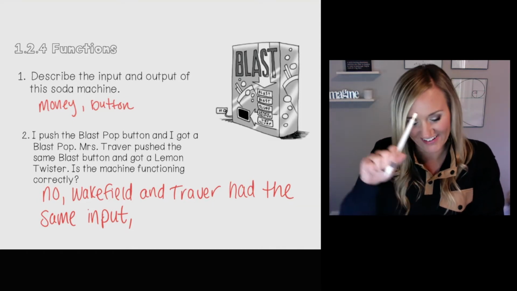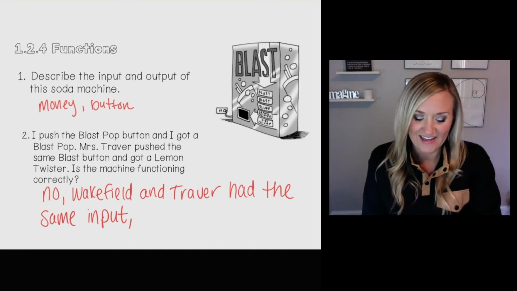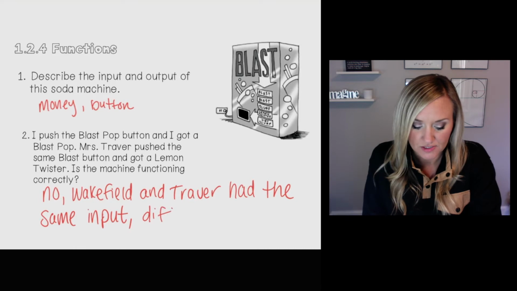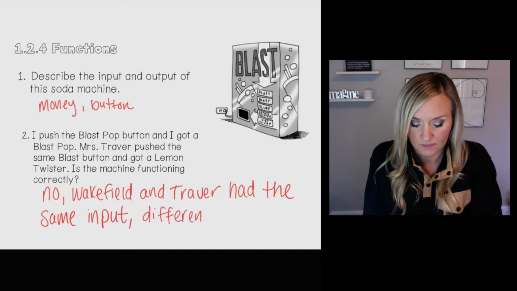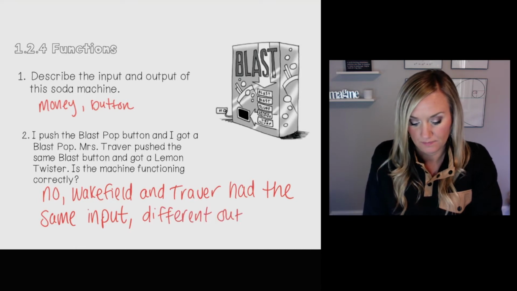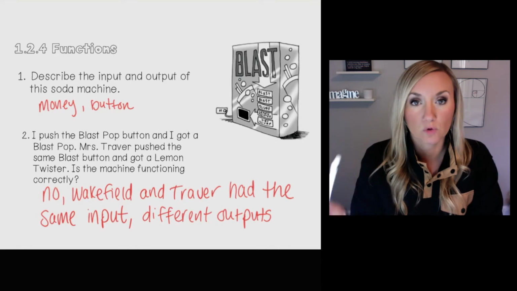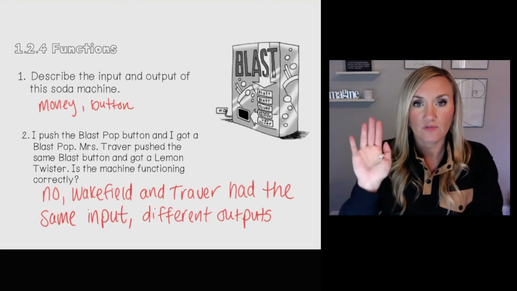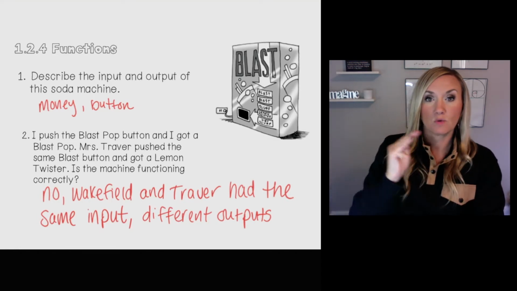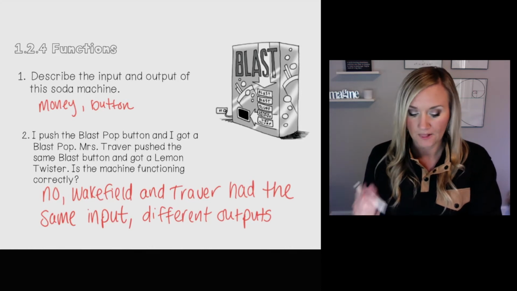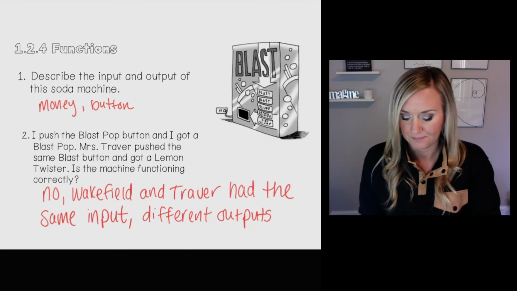It does not work. We had the same input, but got different outputs. So basically, if we have a function, we have a good working machine, that for every input, there is one output, okay? So it's just got to be a working machine. So this one is not working.